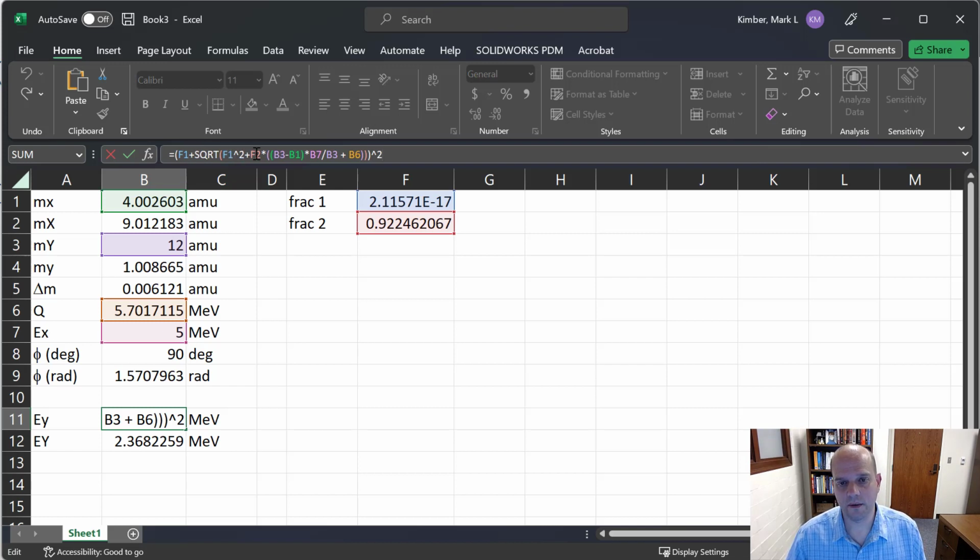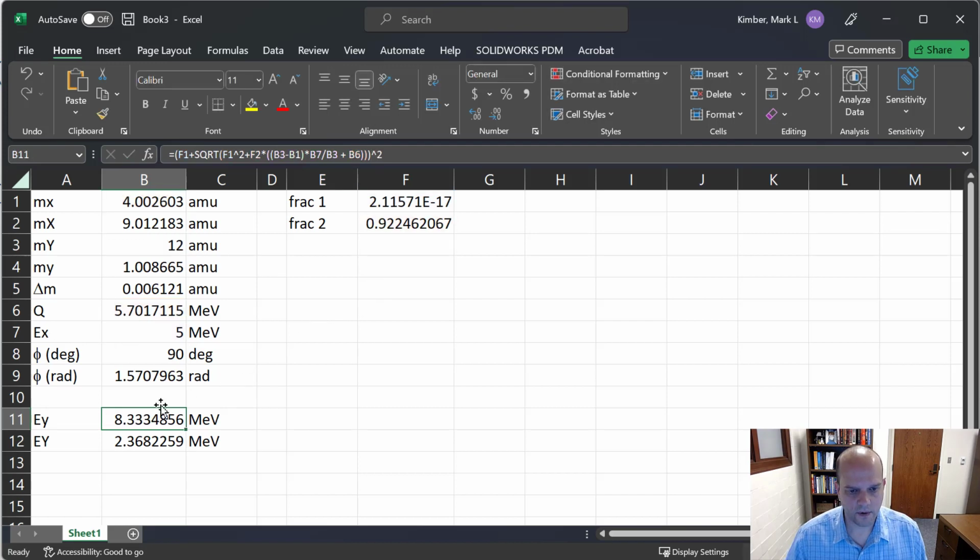B squared, so that's f1 squared plus f2 times my minus mx multiplied by the E of my projectile, energy of my projectile, divided by the mass of the heavy product. And then to that I add my Q value, and I'm going to square that overall, because on the left-hand side of the expression here, I've got EY to the 1/2, and so I've got to square the right-hand side.